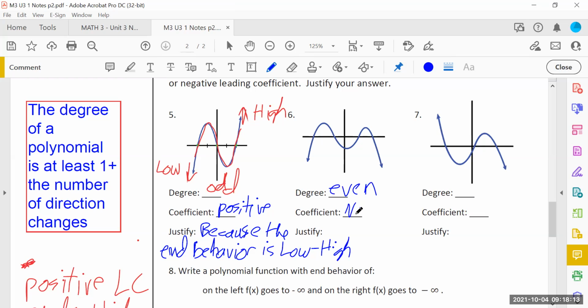Negative. And then your justification can literally just be low, low, okay? This has an end behavior of low, low, and low, low always means even negative.